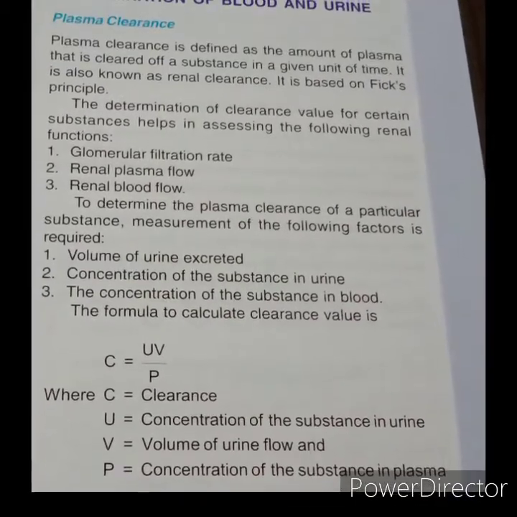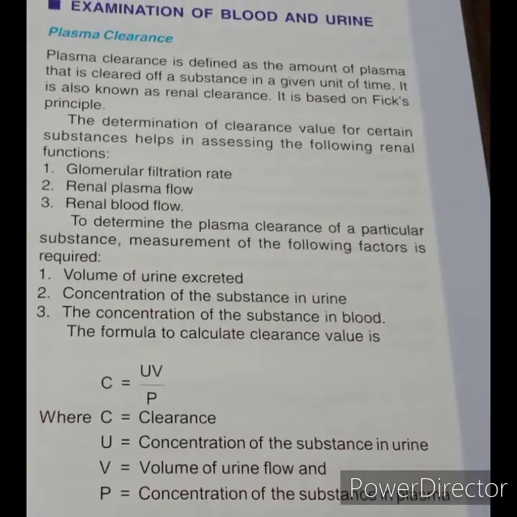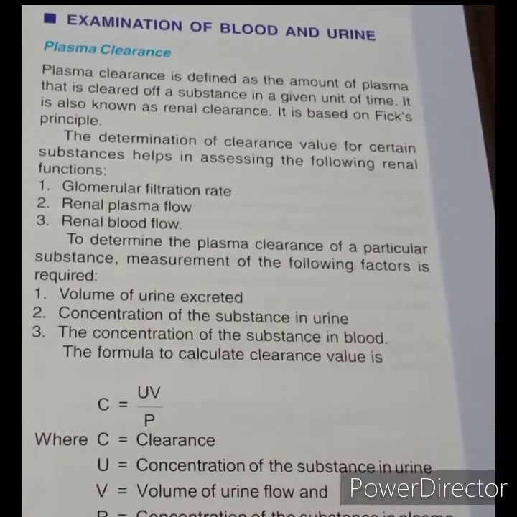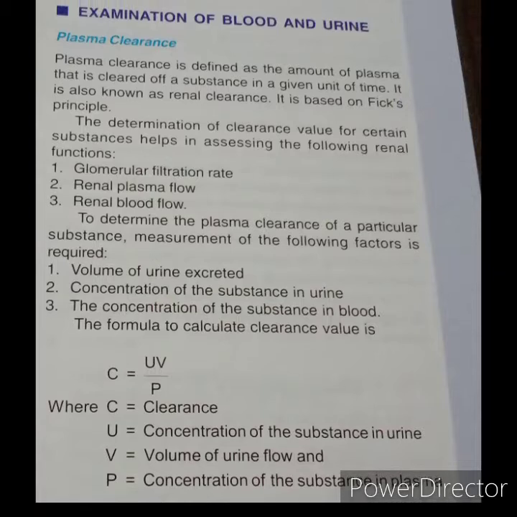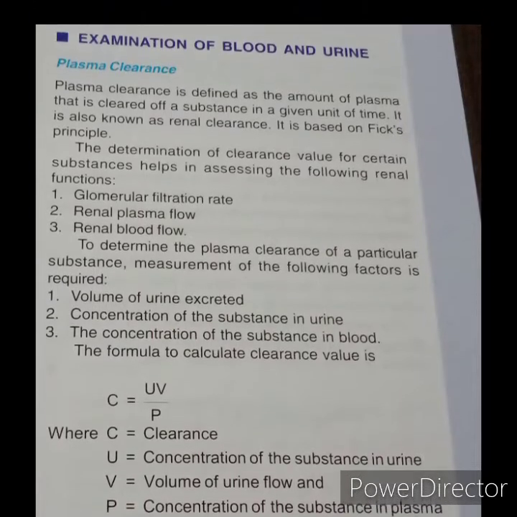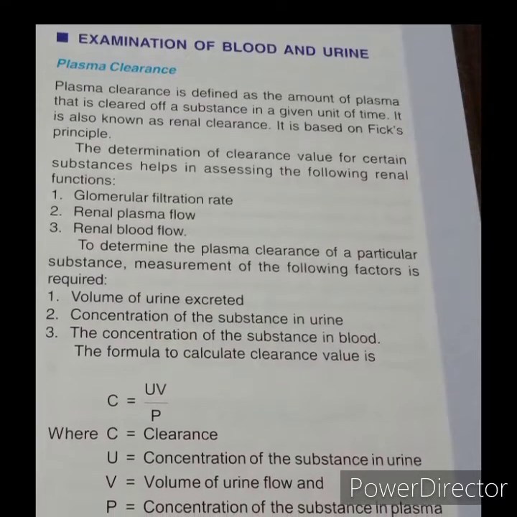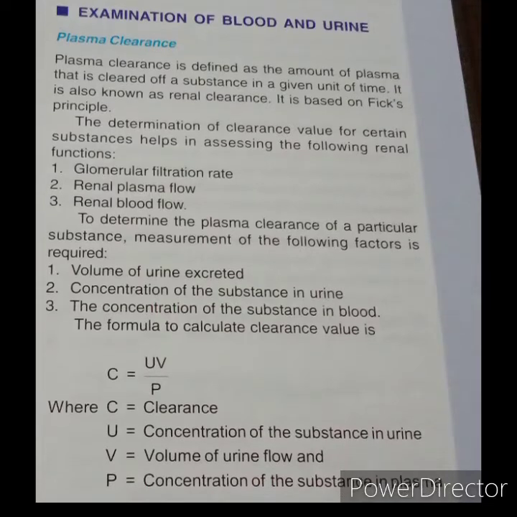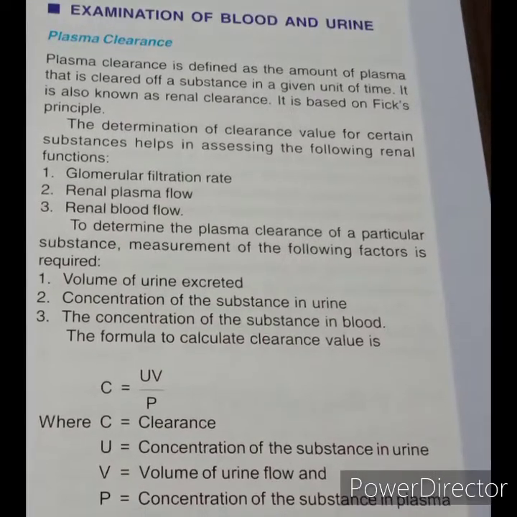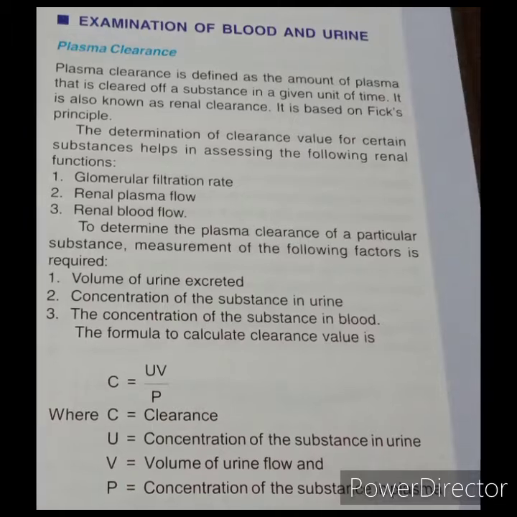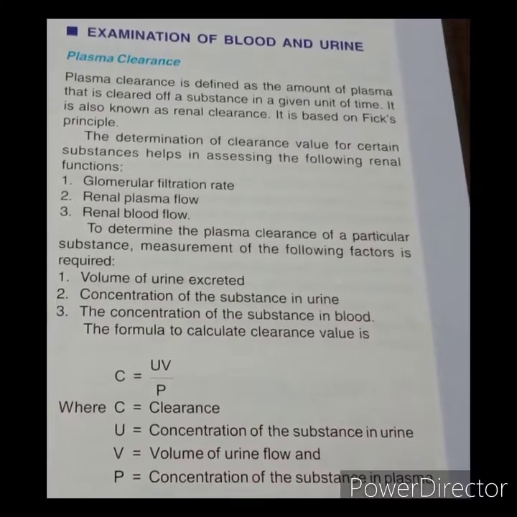Cast may be hyaline, granular or cellular in nature. Hyaline and granular casts, which are formed by precipitation of proteins, may appear in urine in small numbers. The number increases in proteinuria due to glomerulonephritis.